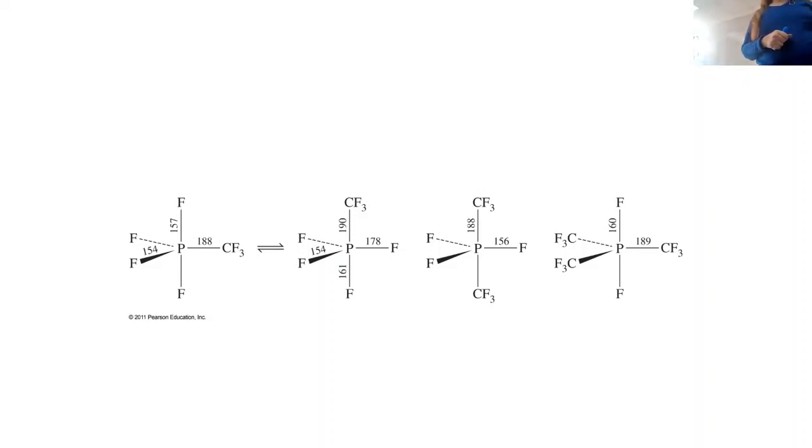But once I start adding more of them, the larger groups want to stay farther away from each other. So they can get farthest away from each other by being axial if there's two of them. But if there's three of them, then I'm back to the story of creating two 90-degree angles. I don't want to have 90-degree angles with those big old groups. So I put them on the equator to spread.